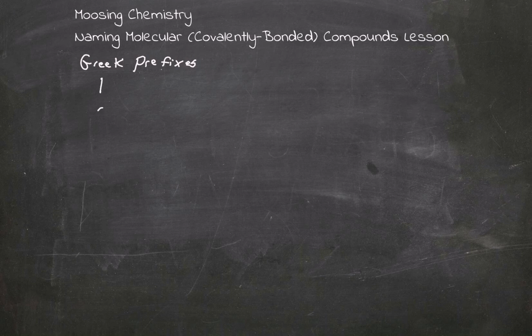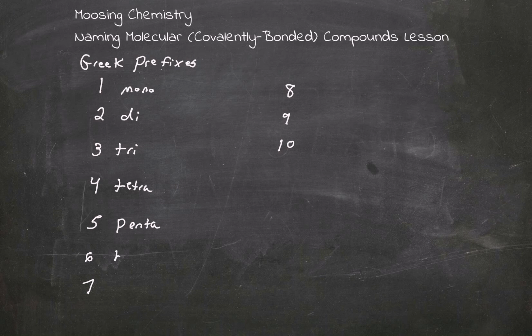It's simple. 1, 2, 3, 4, 5, 6, 7, 8, 9, and 10. 1 is mono, 2 is di, 3 is tri, 4 is tetra, 5 is penta, 6 is hexa, 7 is hepta, 8 is octa, 9 is nona, 10 is deca.